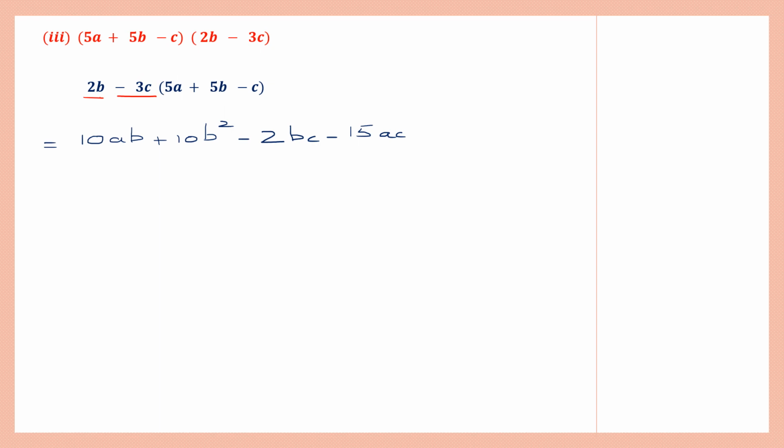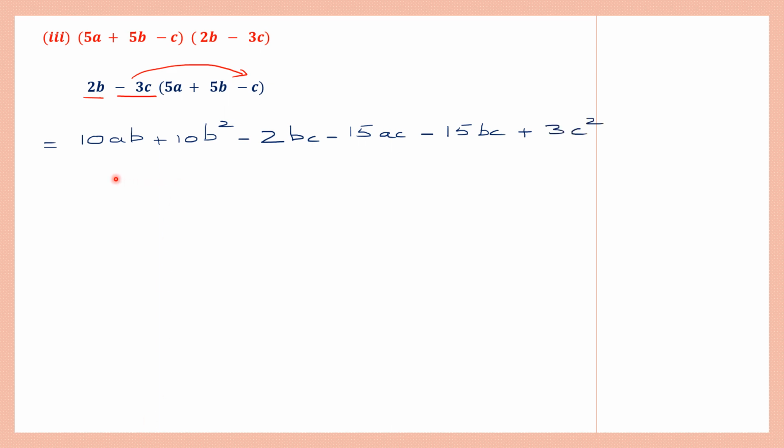Next we'll multiply minus 3c into plus 5b. The sign is minus. Number, 3 5s are 15. C into b is cb or bc. Again, I've just put it in alphabetical order. Now let's multiply minus 3c into minus c. Minus into minus is plus. The number is 3, c into c is c square.